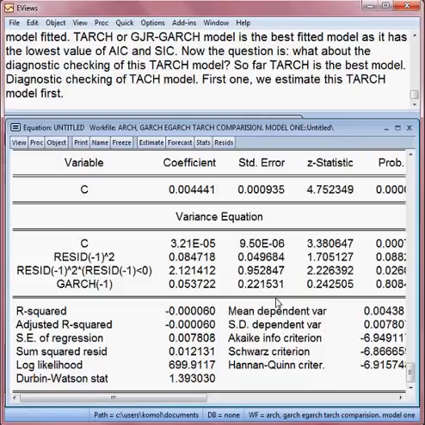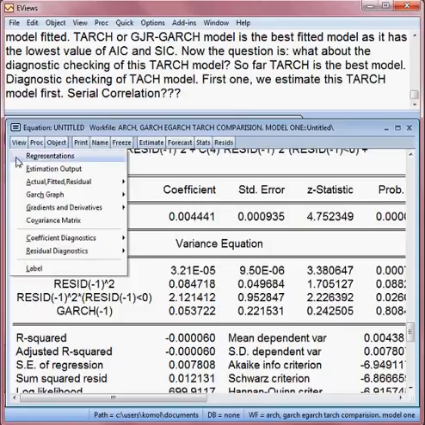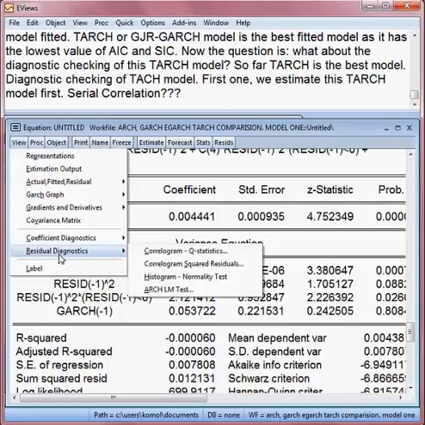Now I first check whether this model has serial correlation or not. So I go to view, then residual diagnostic, then I check correlogram squared residual.